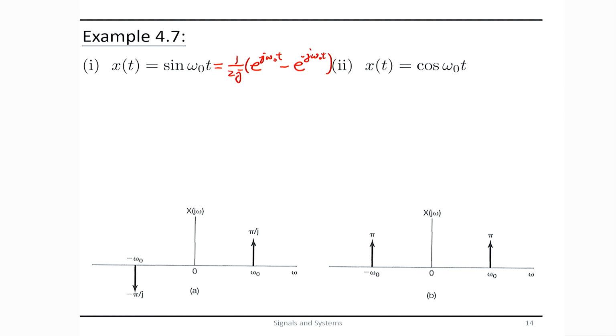So you have this coefficient 1 over 2j at frequency omega naught and minus 1 over 2j at frequency minus omega naught.